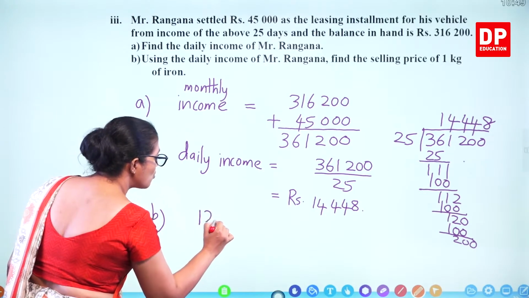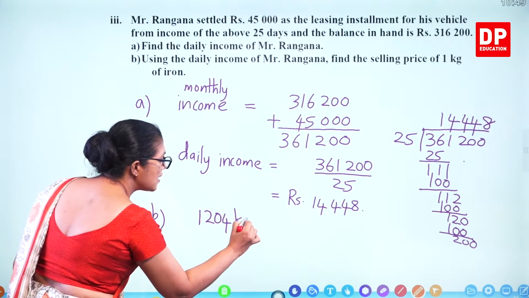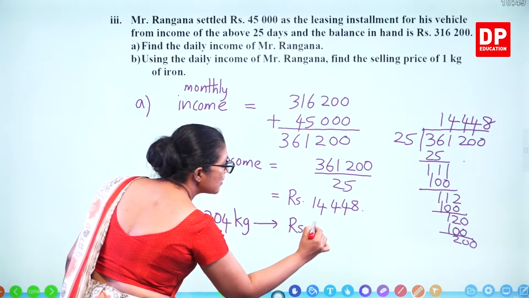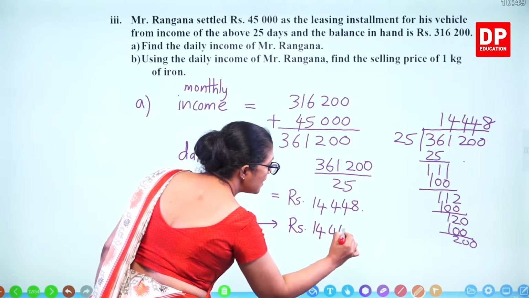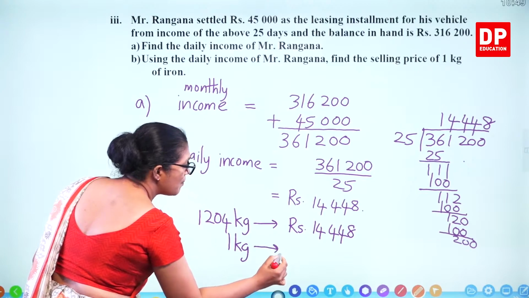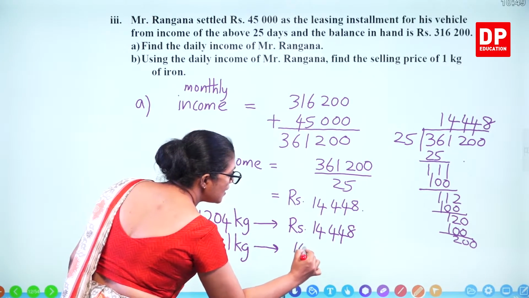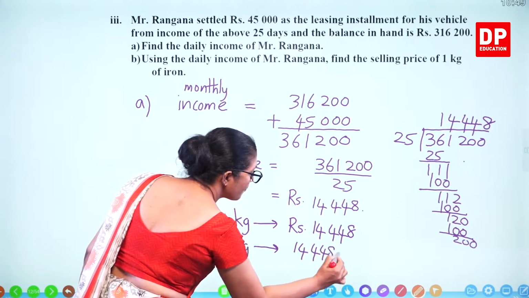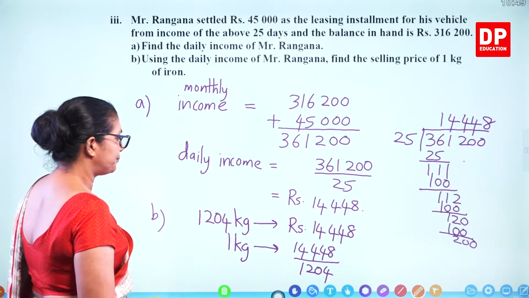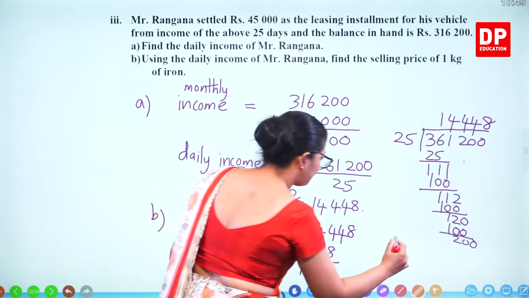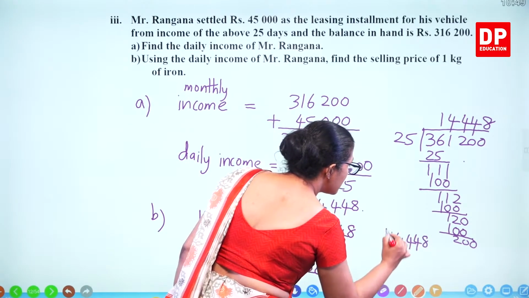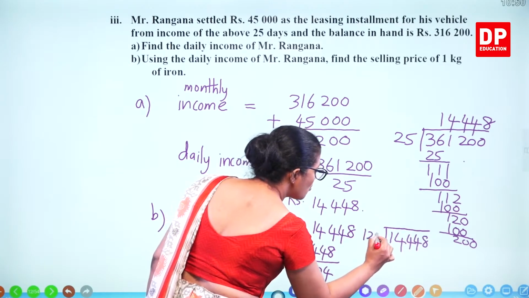So, 1204 kilos, you are getting this much money per day. So, 1 kilogram, what's the price? You have to divide this value by 1204. So, what's the value? 14448 divide by 1204.